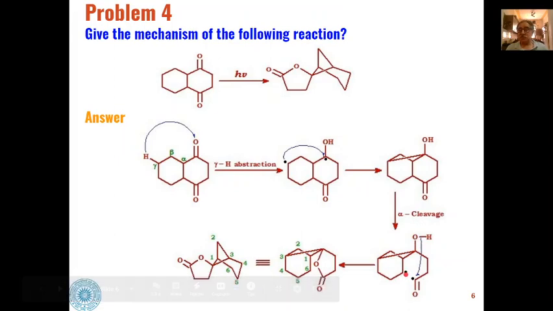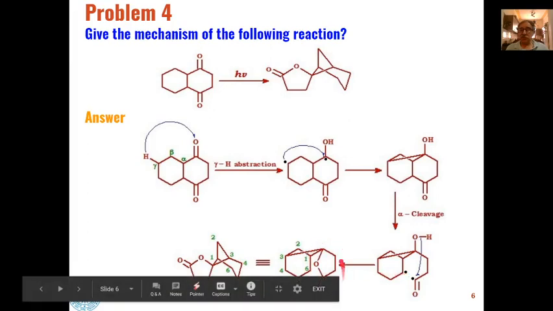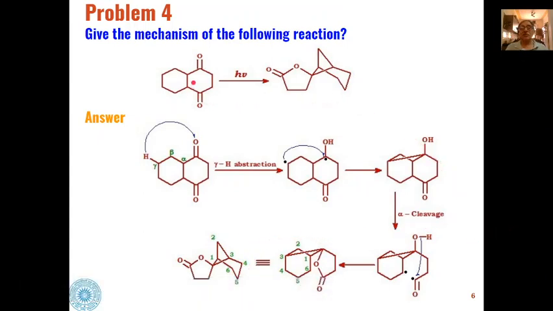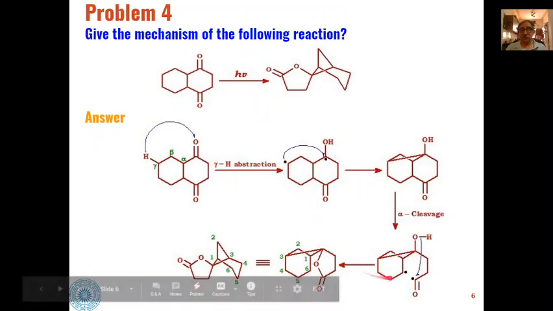This will become CH2, and an ester linkage will be formed by attack of the oxygen free radical at the carbonyl free radical, and we will get this type of cyclic ester, or lactone, as the product. So this is how this substrate is transformed into this substrate through photochemical irradiation.